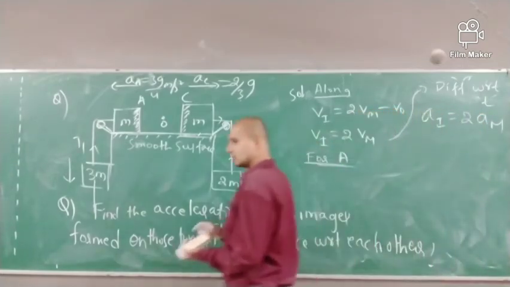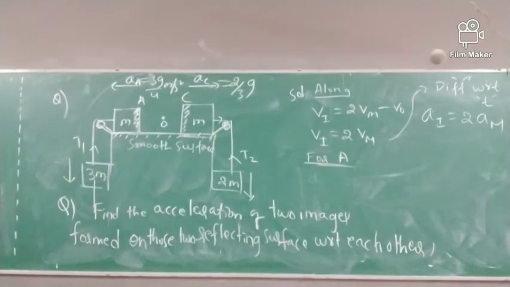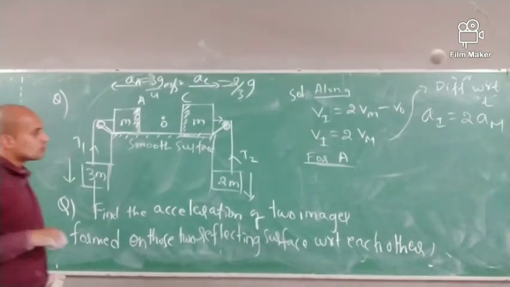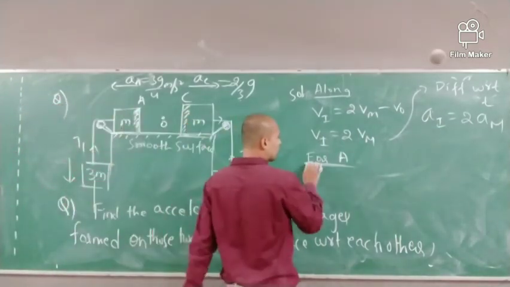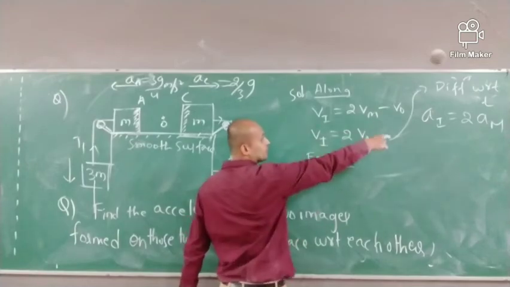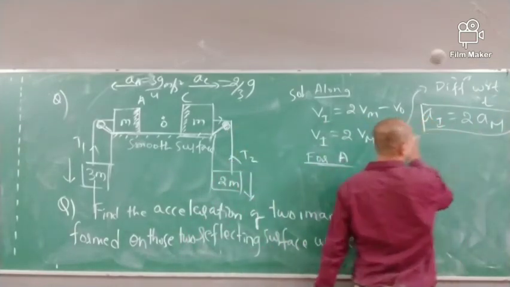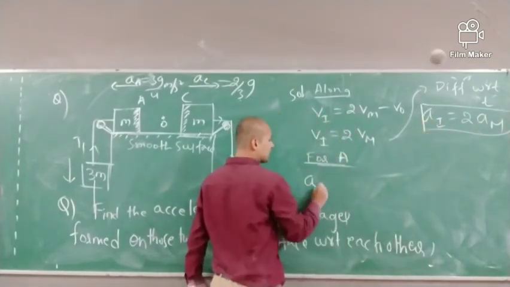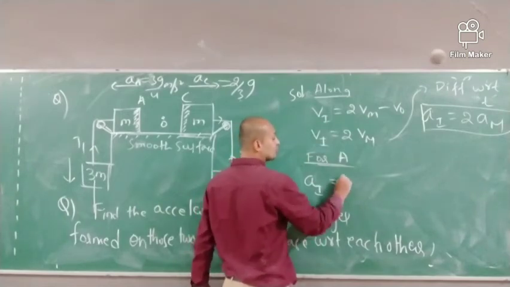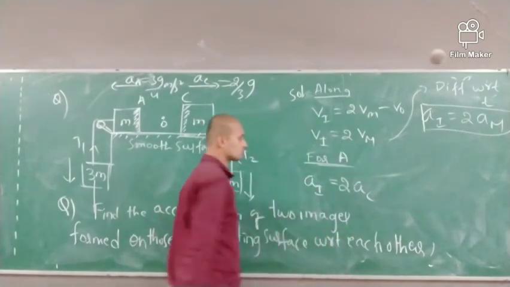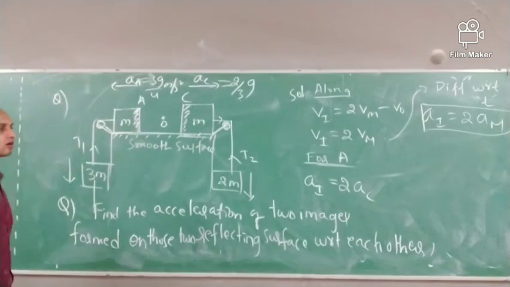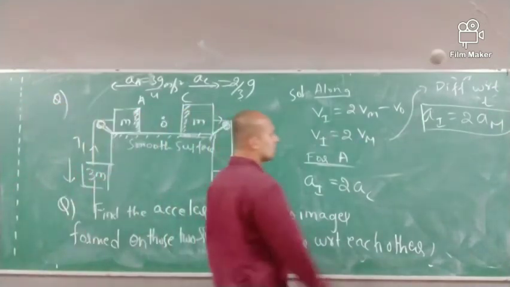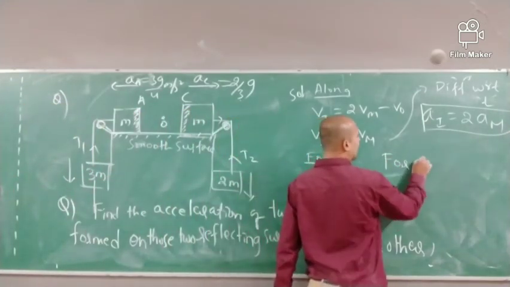So acceleration of image I need to find. So for A, this equation becomes AI is equal to 2 into AC.